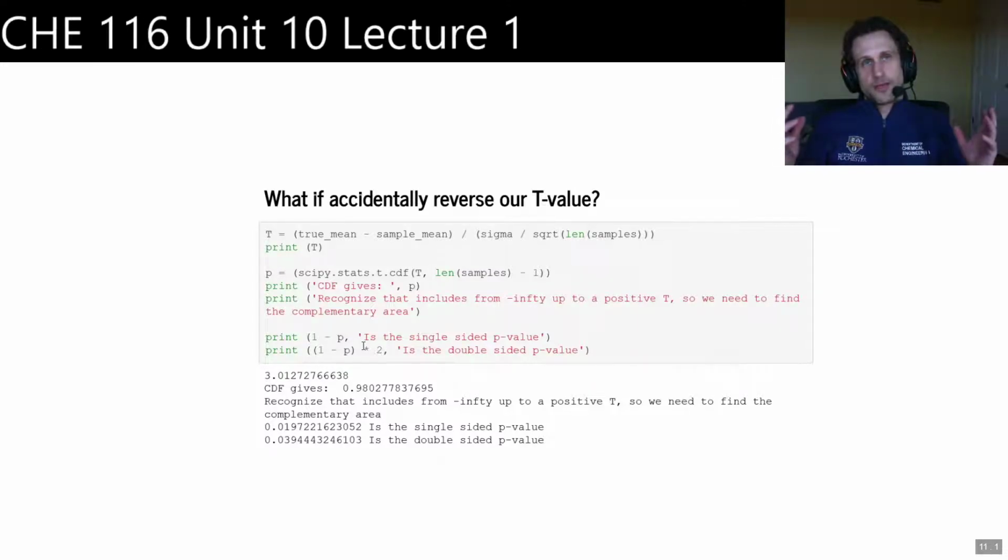Or to put it another way, if you're in a situation where it's highly unlikely the null hypothesis is true, you should have a low p-value. So if your population mean is here and your sample mean is really far away, you should expect a low p-value. You can always double check that. Another thing that happens a lot of times is your area will come out negative if you swap your t values. Then you just know it accidentally got negative ones.